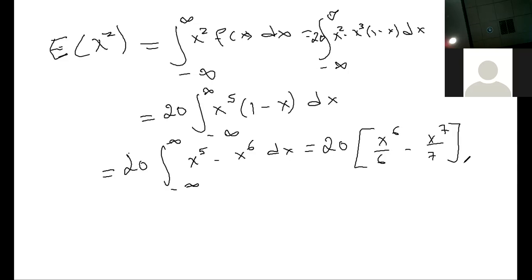We have to change this. X was from 0 to infinity. We will be making this type of mistake of 0 to 1, 0 to 1. Remember that it was defined from 0 to 1. So elsewhere it is 0.